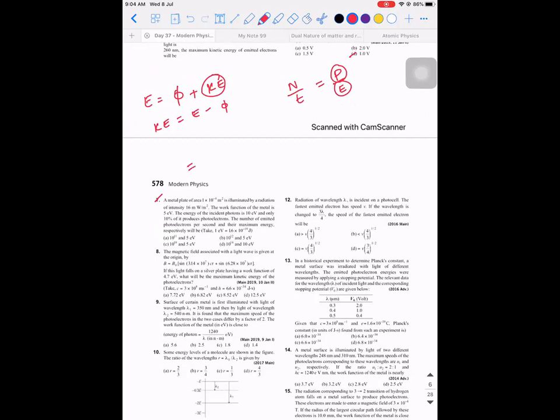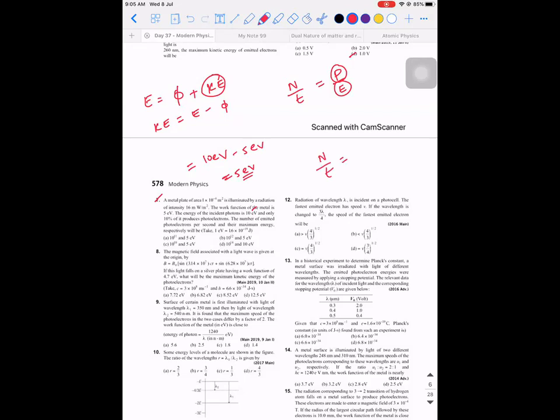So what is the energy that is incident? The total energy incident is 10 electron volt minus 5 electron volt, so 5 electron volt. How much power?